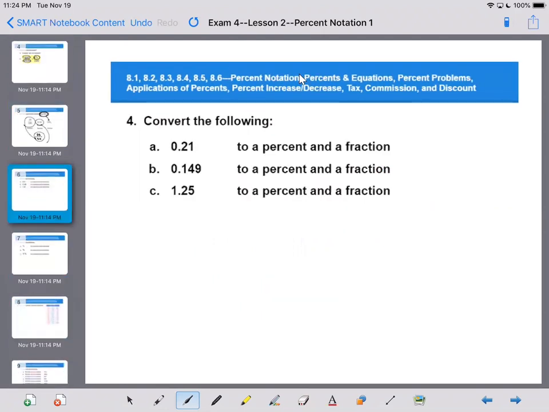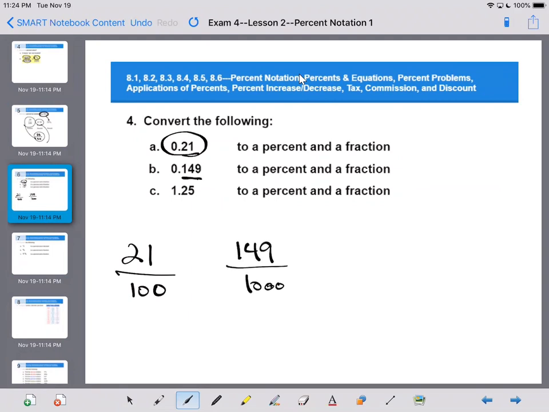If I want to change 21 hundredths to a fraction, well, again, if you read the decimal with the correct place value, 21 hundredths is going to be written as such. 149 thousandths would be 149 thousandths, or this is per 100, so it would be 14 9/10 per 100. So again, if you're thinking right here and you're like, wait a minute, how'd you go from here to here?